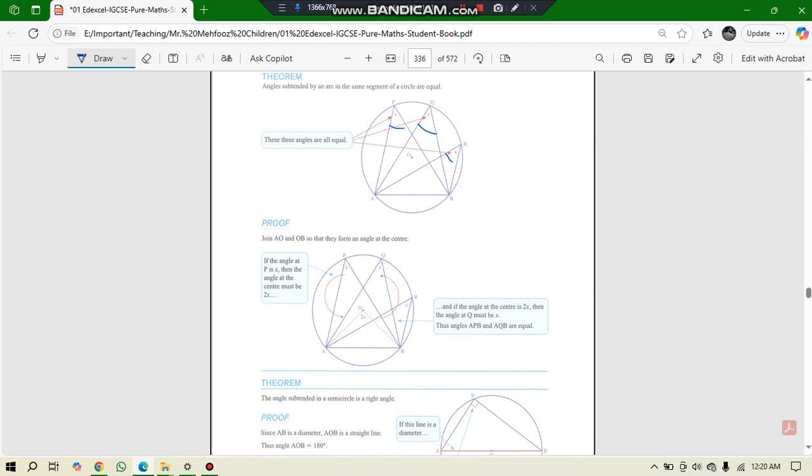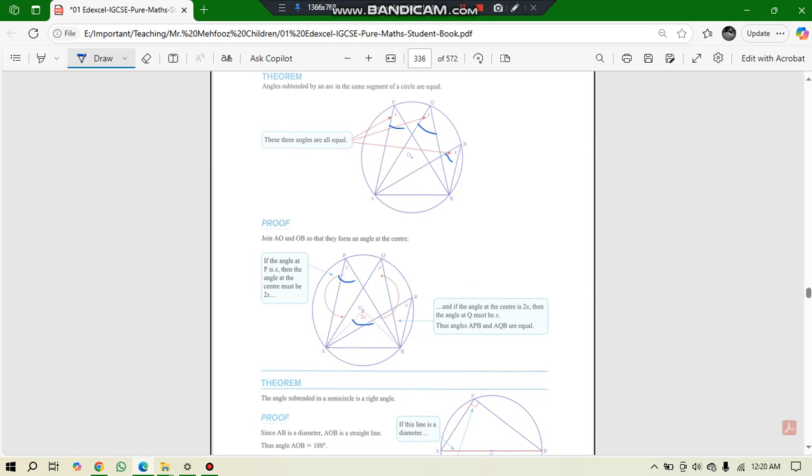Why? Join AO and OB. So here you can see that this becomes AOB, that is 2x. If the angle at P is x, then the angle at the center of the circle is 2x.